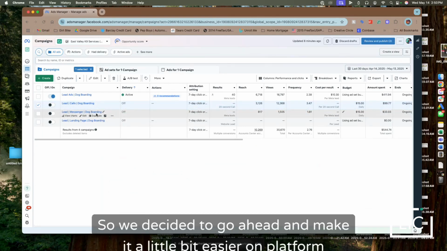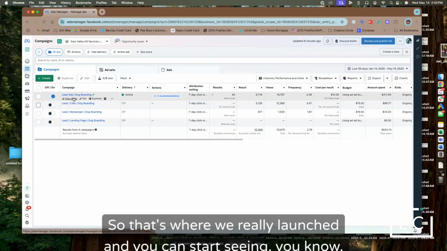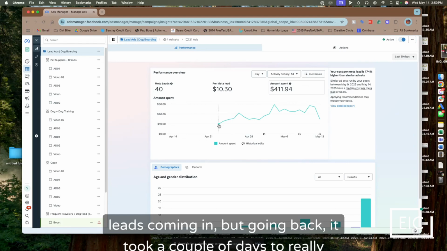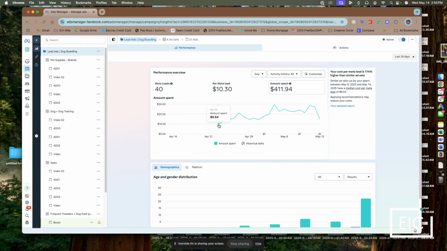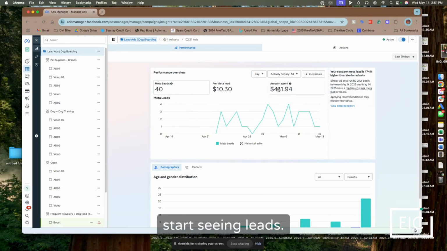So we decided to go ahead and make it a little bit easier on platform and launch lead ads. That's where we really launch, and you can start seeing leads coming in. But going back, it took a couple days to really start seeing leads come in. April 23rd is when we launched this. April 24th is when we start seeing leads.